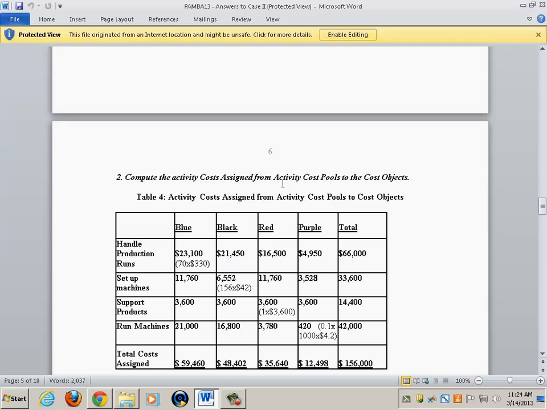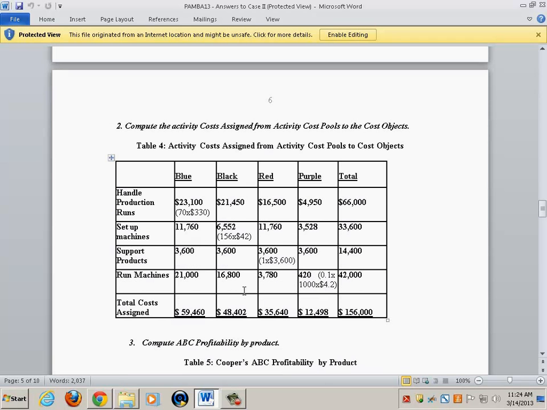Let's look Zen machines, the cost of setup machines for black, and the cost allocated here of setting up the machines for 52. Well, again, how we get it?